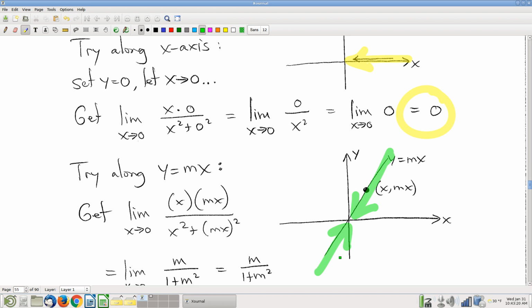Once I do this calculation and get some answer, that answer will be a function of m. That will tell me what happens along every such line. So this will tell me all at once the answers for every straight line path I might take to the origin. Okay, now we're talking.